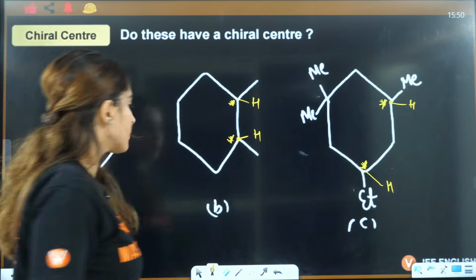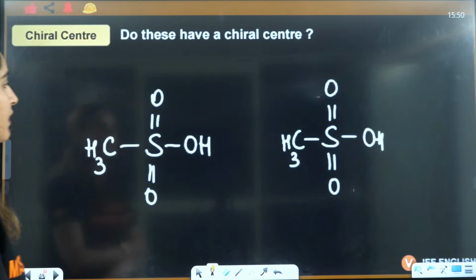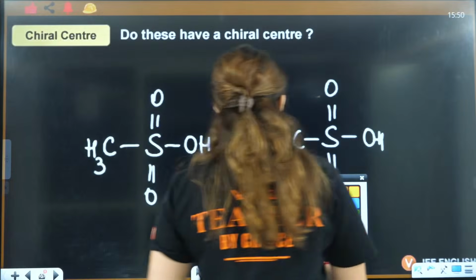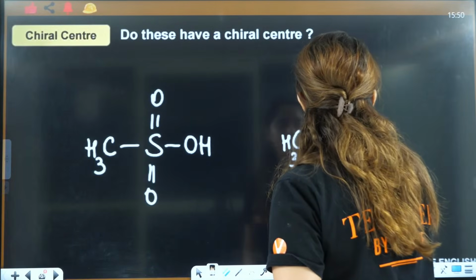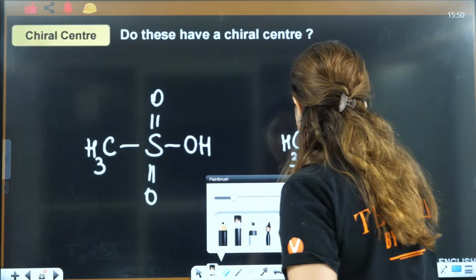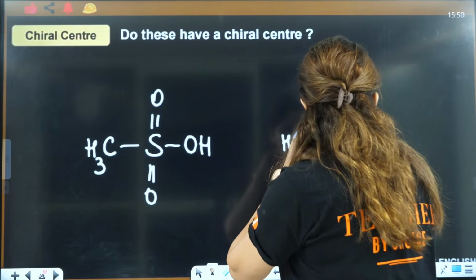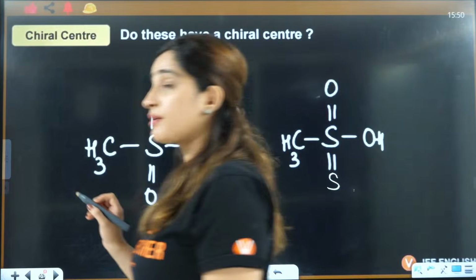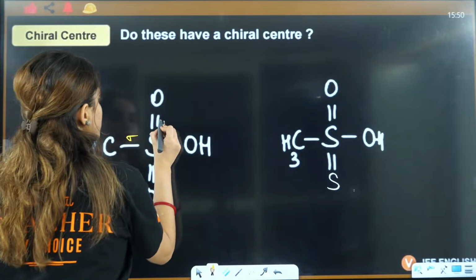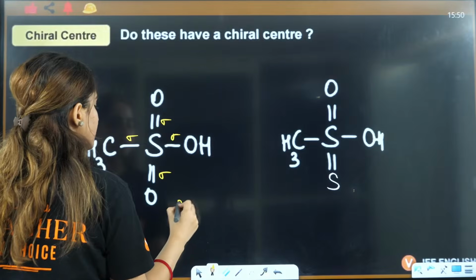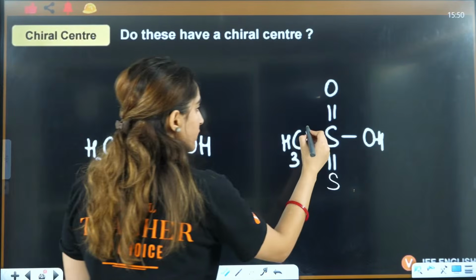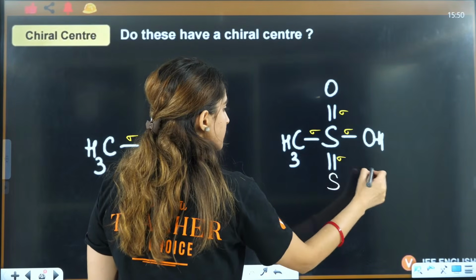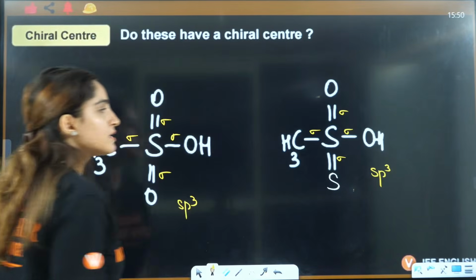So, let's talk about the next one. Here, you need to tell me which one is chiral, which one is not chiral. First thing is you should have sp3 hybridization. 1, 2, 3, 4 sigma, that means it is sp3. Here also it is 1, 2, 3, 4 sigma, it is sp3, right?